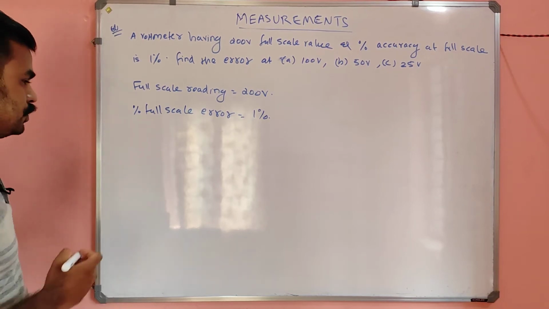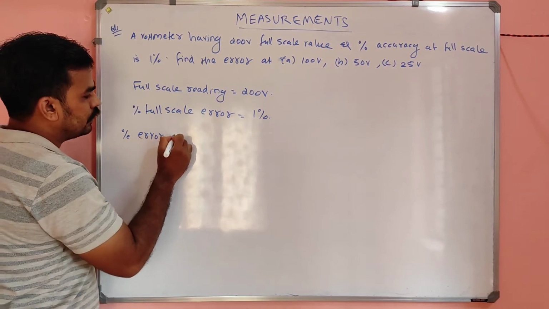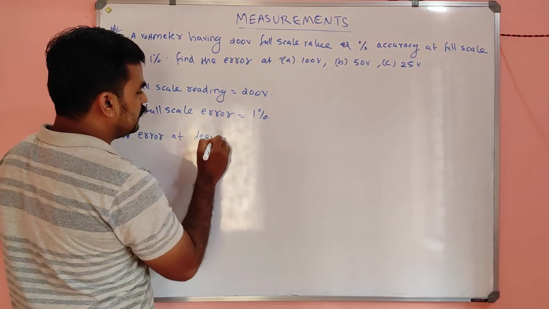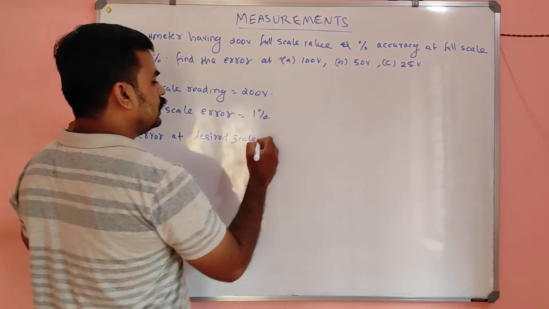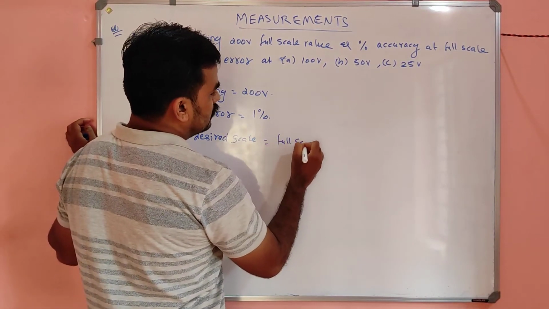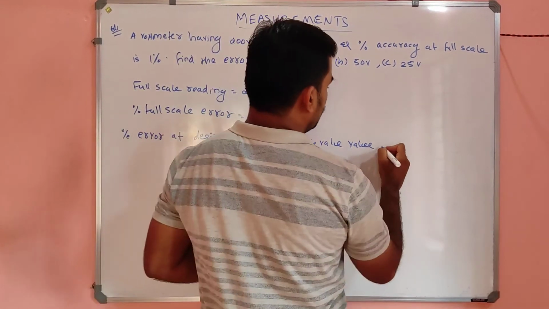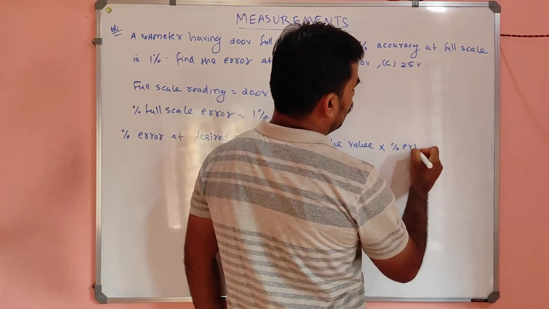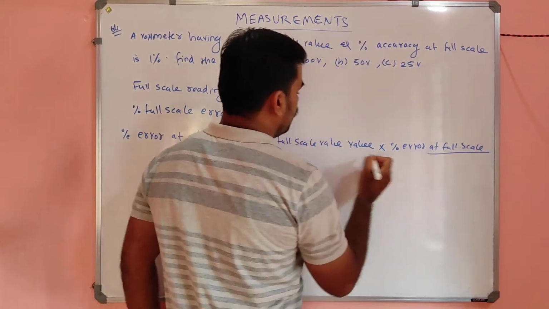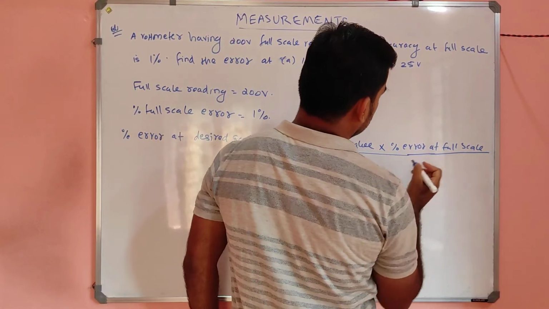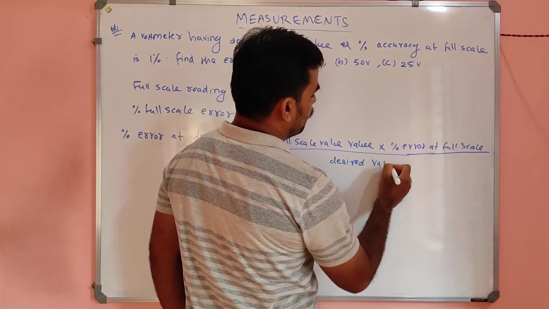Very, very important. There is an equation: percentage error at desired scale is equal to full scale value into percentage error at full scale, whole divided by desired value.